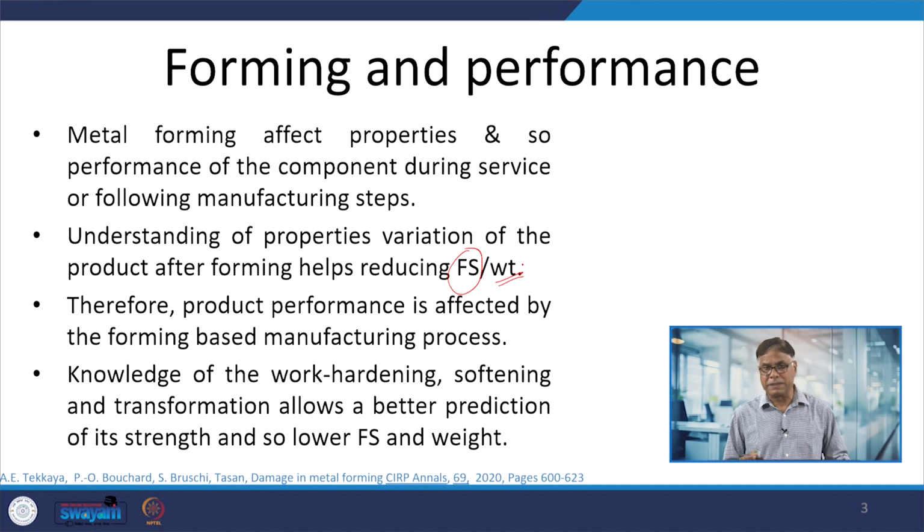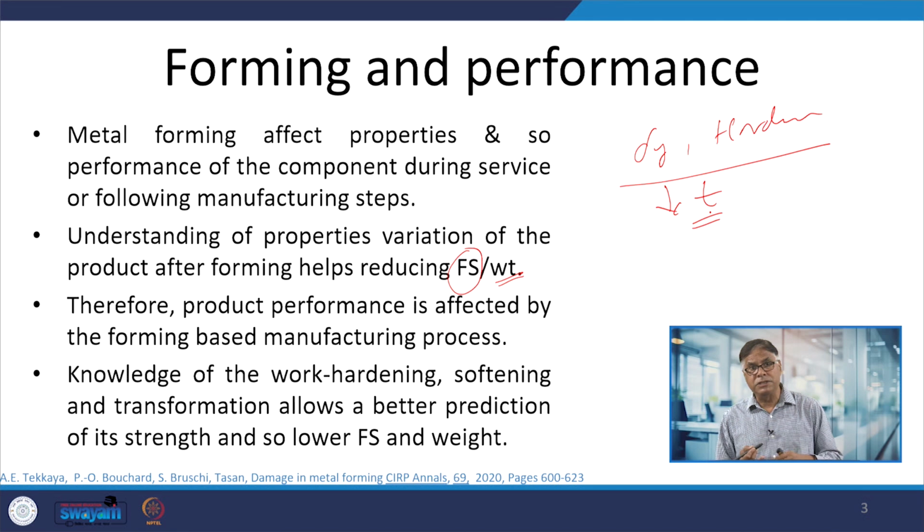There are two aspects: in all those applications and products where weight is important, like automotive and spacecraft, wherever weight is important for proper and efficient functioning of the system, the formed products offering higher yield strength and higher hardness help reduce section thicknesses, and also give the ability to understand the properties of the products made by the forming process.